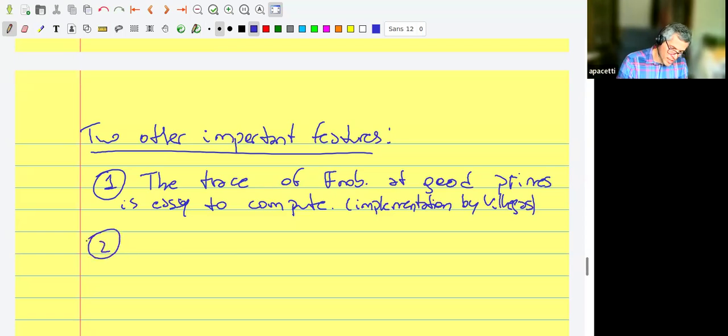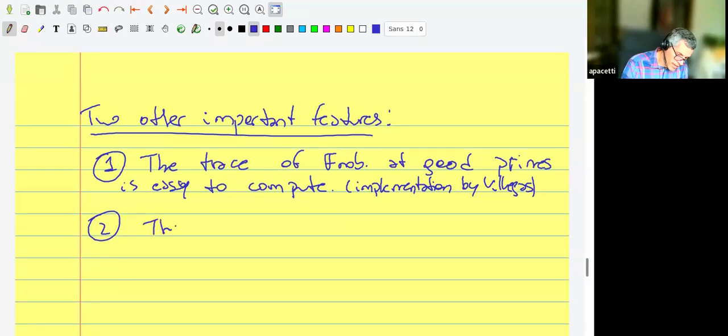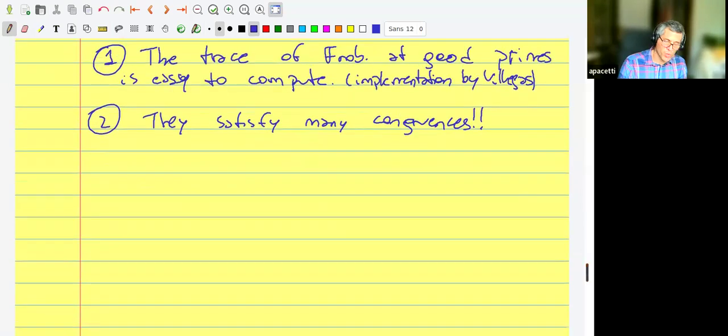And another very important feature is the following, is that they satisfy many congruences. And this is also a key important feature for this theory.